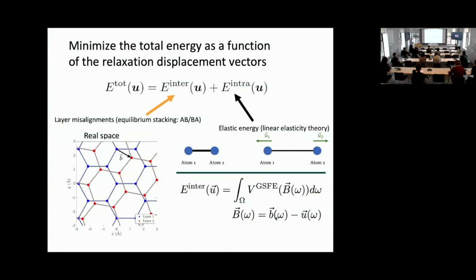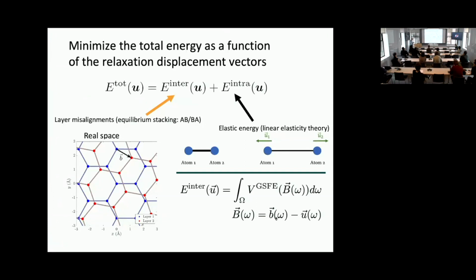So you have the total energy as the interplane energy and the intraplane energy. The intraplane energy can be calculated relatively easily because it's essentially due to linear elasticity. The stretching of the atoms within the plane is well described by linear elasticity because the deviations are very small. It's a stiff material, very small deviations.